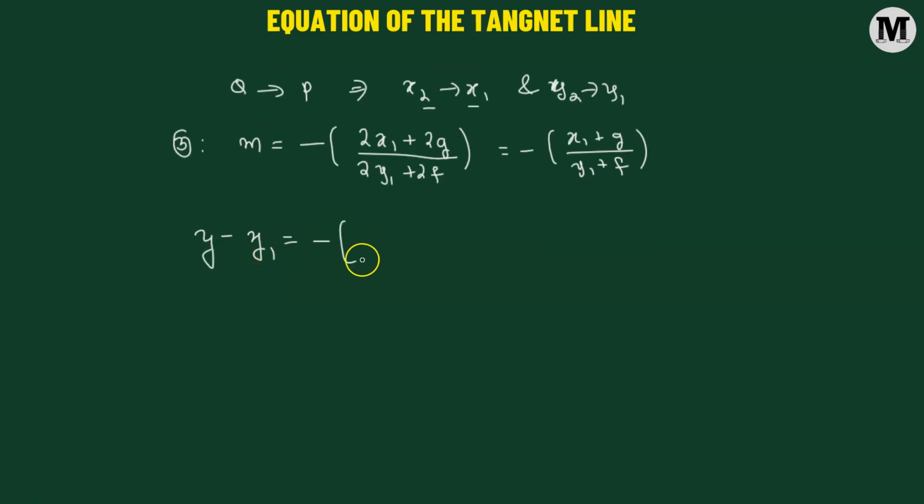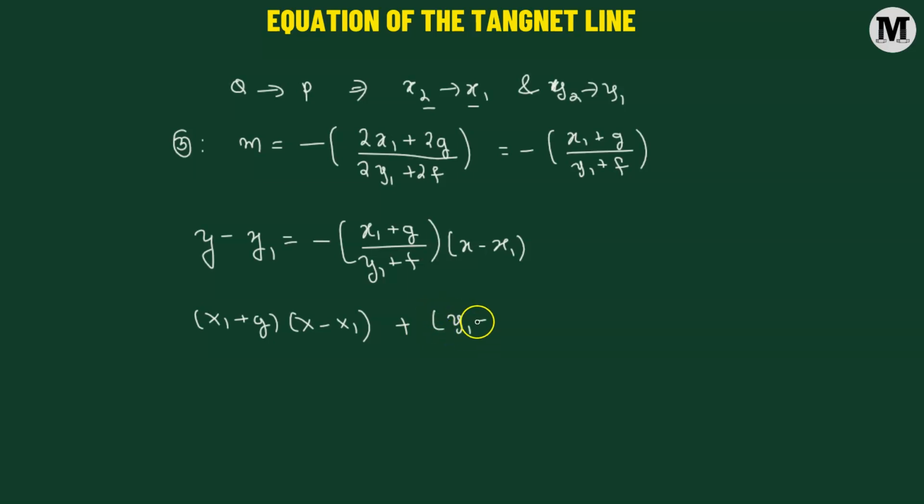The slope will be negative times x1 plus g divided by y1 plus f, multiplied to x minus x1. So let's further simplify. We have x1 plus g times x minus x1, added to y1 plus f multiplied to y minus y1 equals 0.